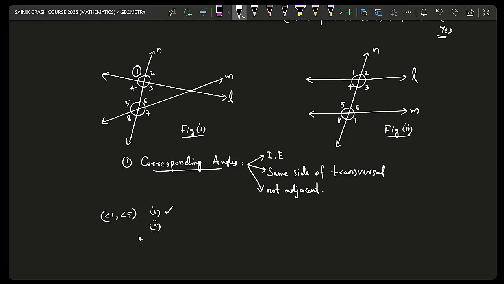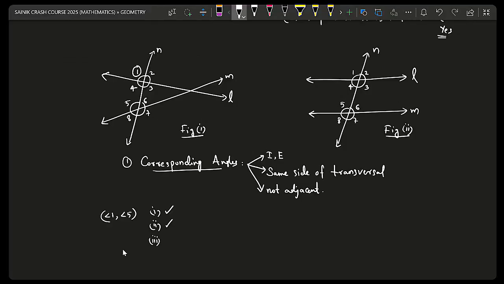Second condition, what is it? They should lie on the same side of the transversal. Here N is our transversal and 1 and 5 both are lying on the left side of the transversal. That means the same side of the transversal, so the condition is satisfied. The third condition is they should not be adjacent.